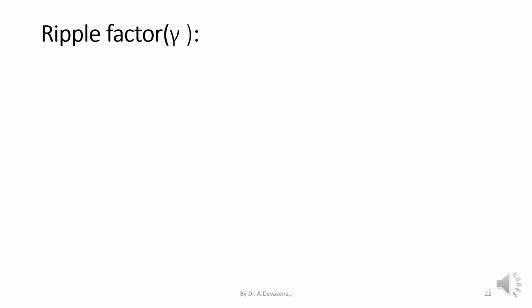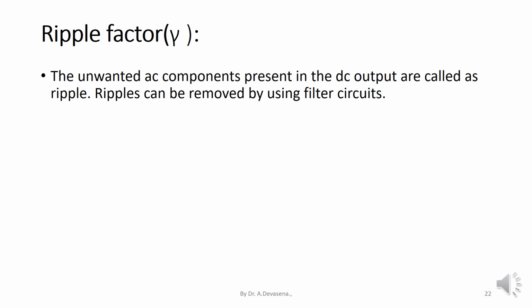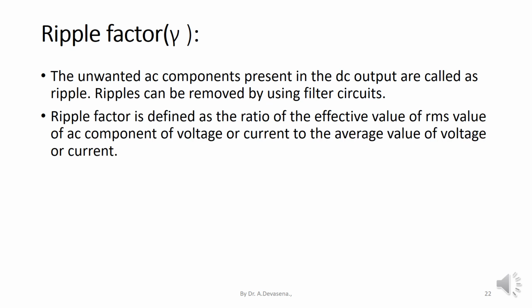Let us obtain the equation for ripple factor gamma. The unwanted AC components present in the DC output are called ripple. Ripples can be removed by using filter circuits. Ripple factor is defined as the ratio of the effective value or RMS value of the AC component of voltage or current to the average value of voltage or current.